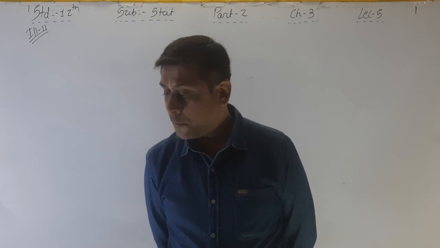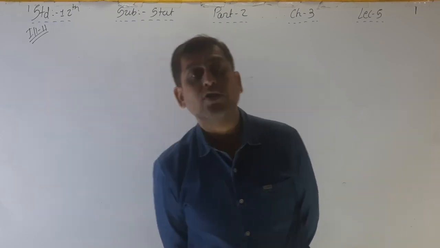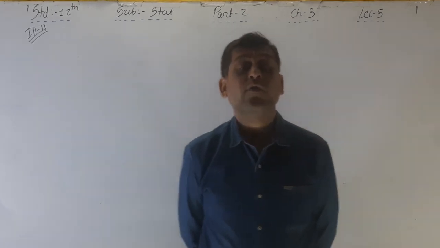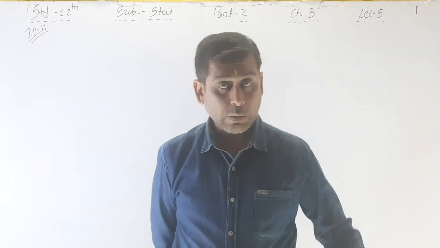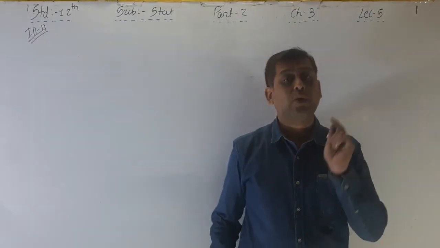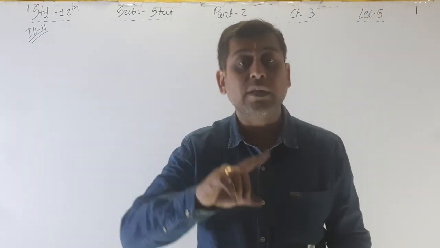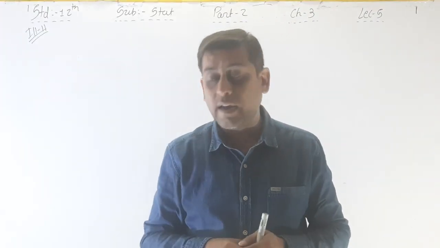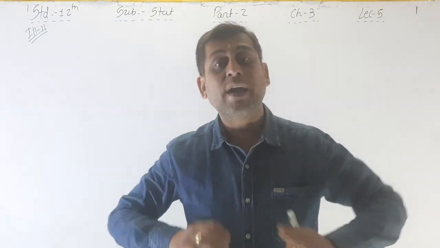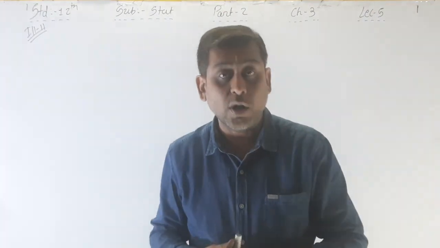Then obtain the number of students getting special scholarship. First of all, we have to find out the number of students, not the probability. Before that, we have to first of all find out the probability. Then that probability is multiplied with the n, that is 200 students, and then we will get the number of students who get these scholarships, special scholarship.